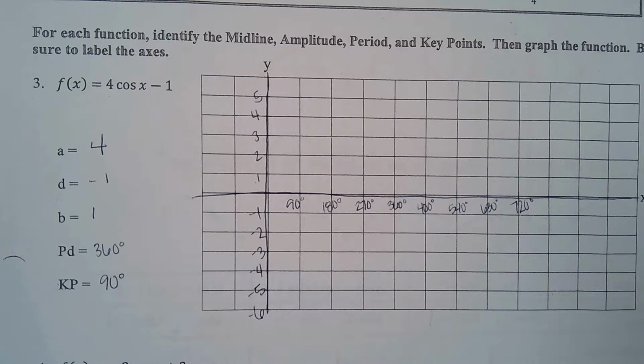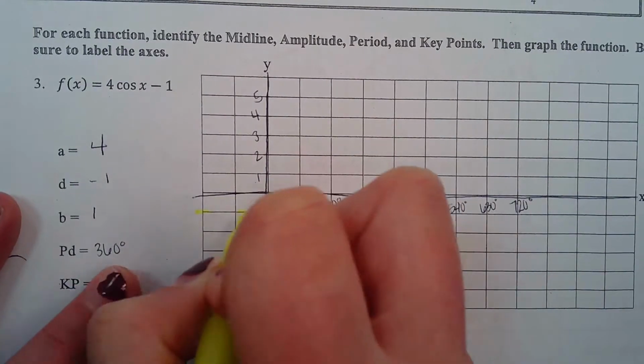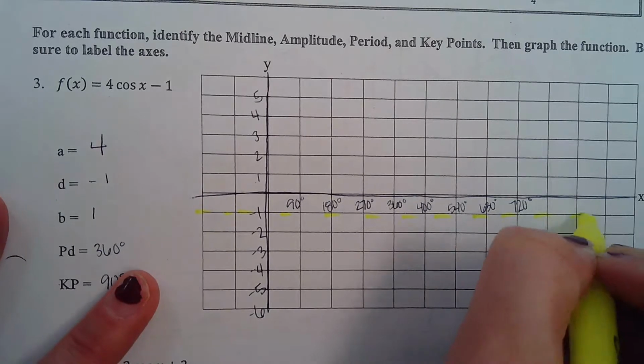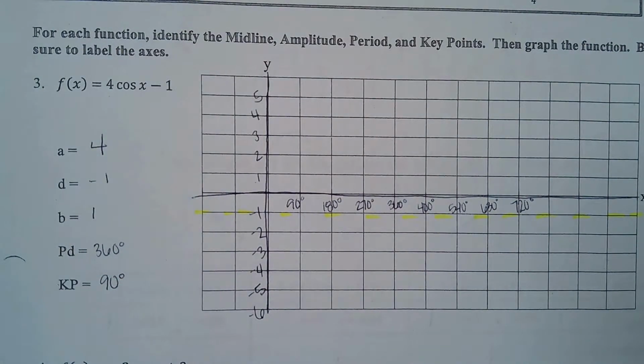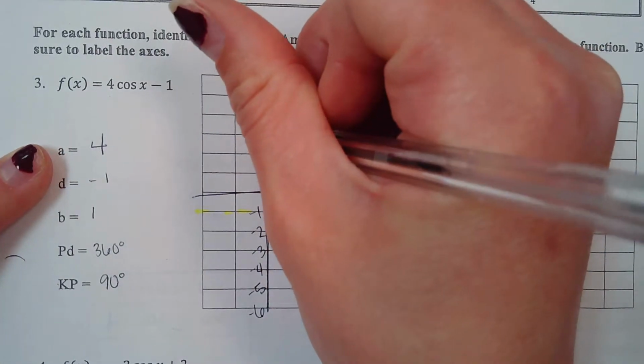So I want to put our midline in first, and then we'll graph it from there. So where is the midline going to be? And this is cosine, so do we start at 0 or whatever your amplitude is? Amplitude, which is what? 4? So 1, 2, 3, 4.